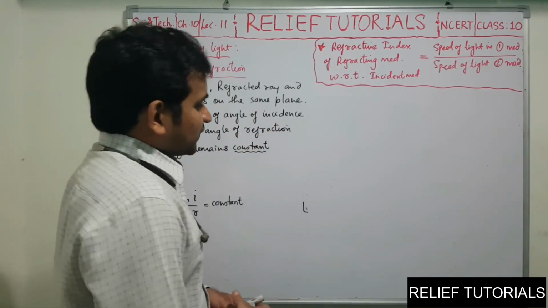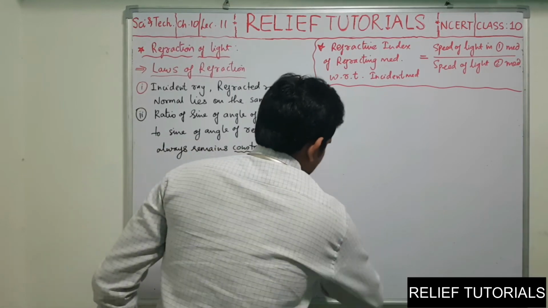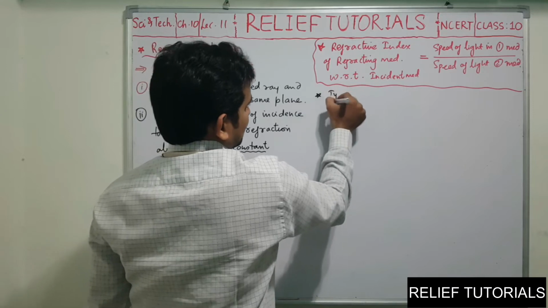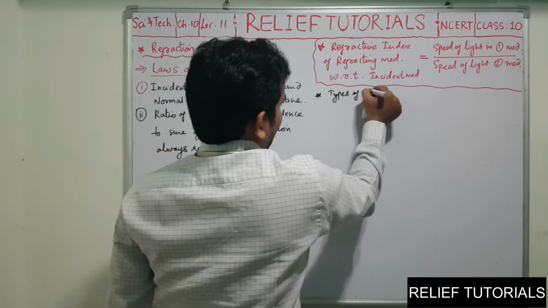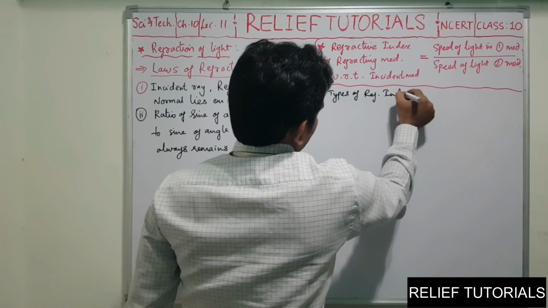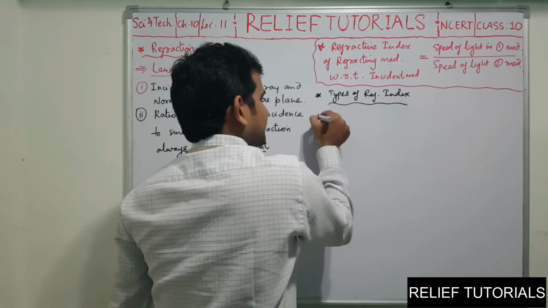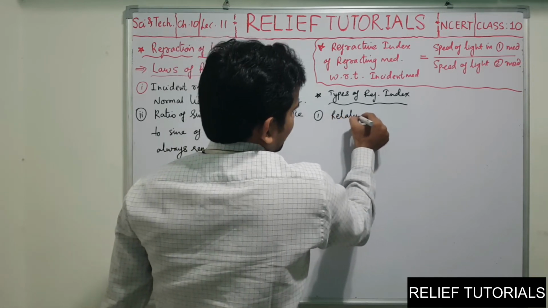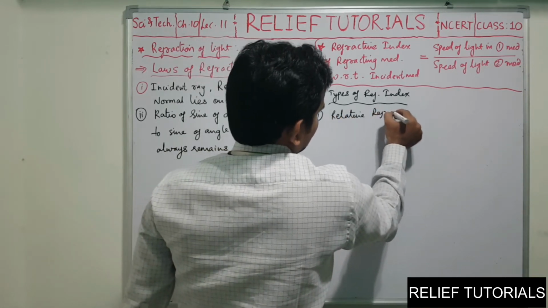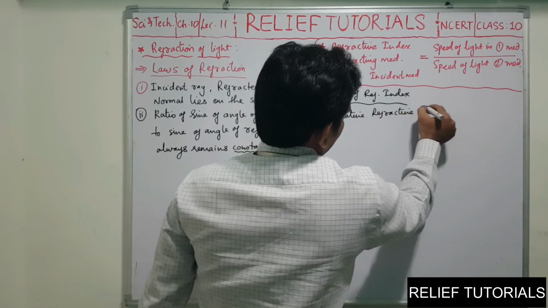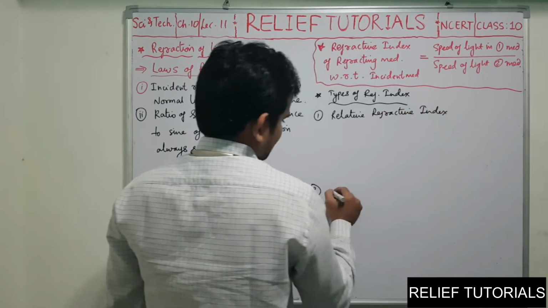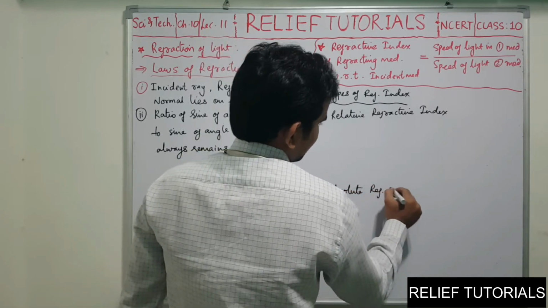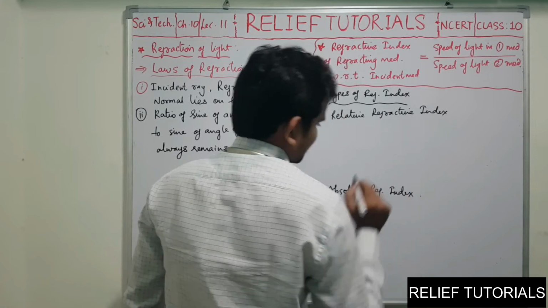Now, based on the incident medium, we have two kinds of refractive indices. Types of refractive index. First type is relative refractive index, and second type is absolute refractive index.